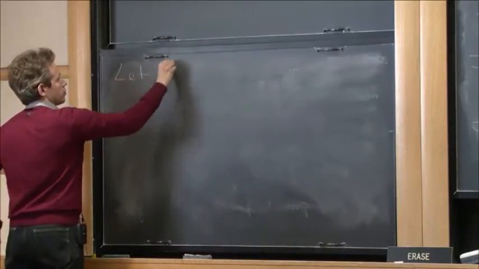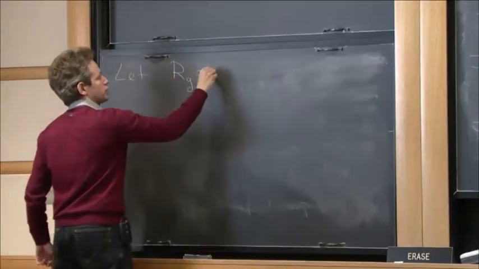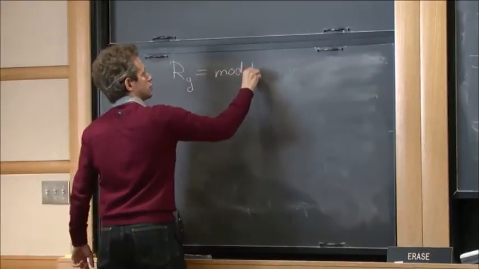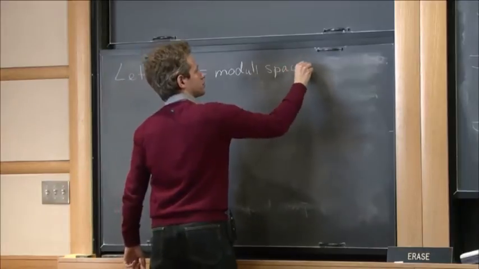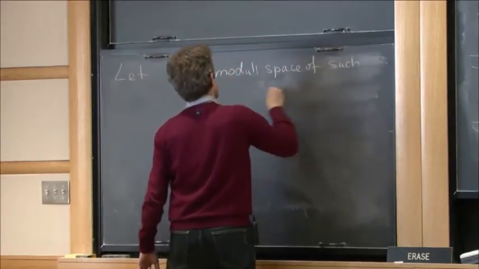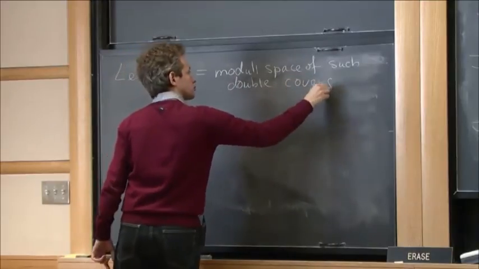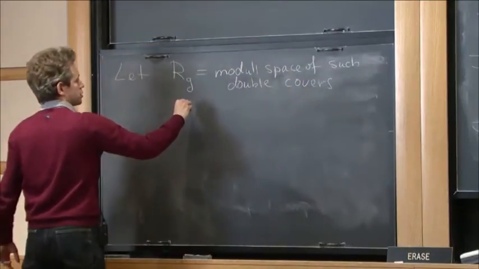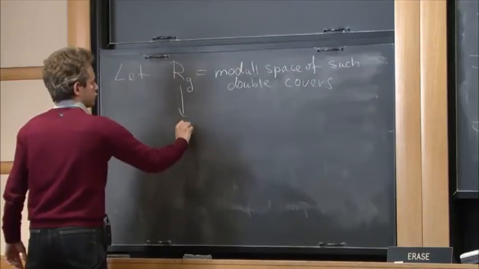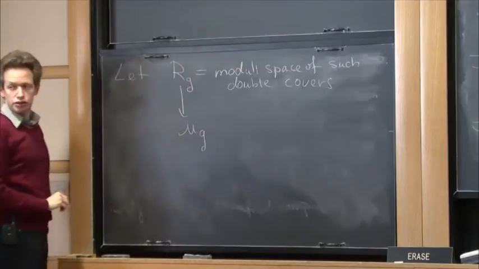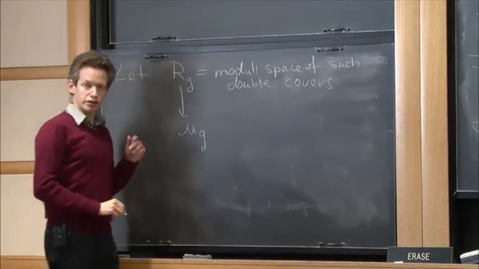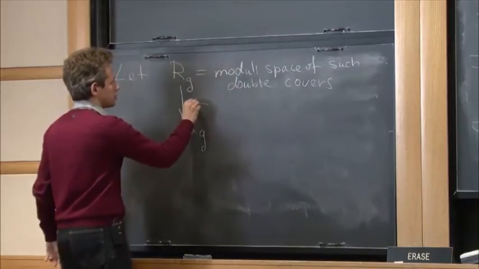So let now R_g be the moduli space of such double covers. Given such a double cover, I can of course consider the curve C that it's a covering of. So I get such a map.